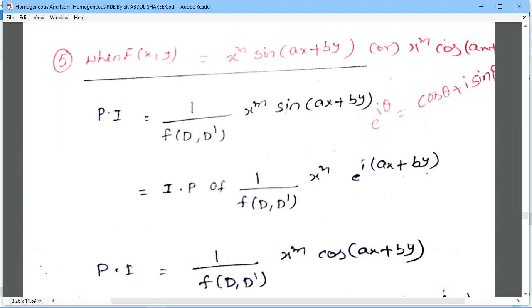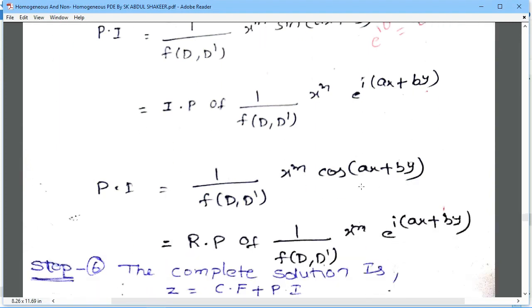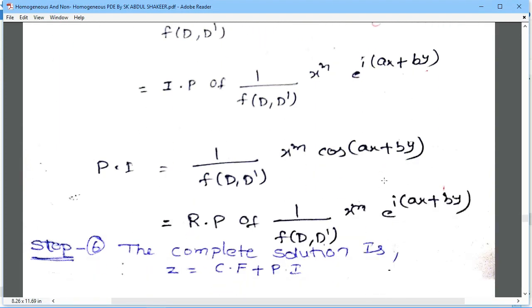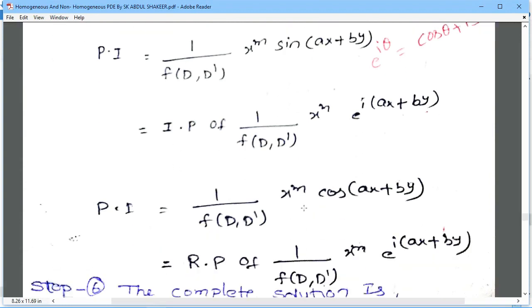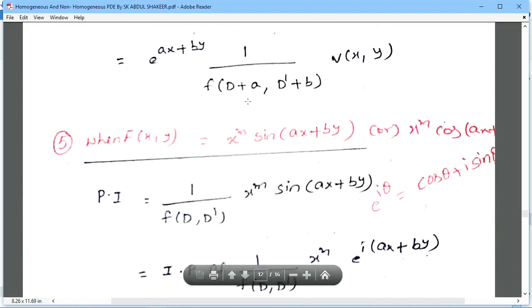If the given term contains sin of ax plus by, we consider the imaginary part of e power i of ax plus by. If it contains cos of ax plus by, then we take the real part of e power i of ax plus by. Thus case 5 reduces to case 4, and we proceed the same as in case 4.